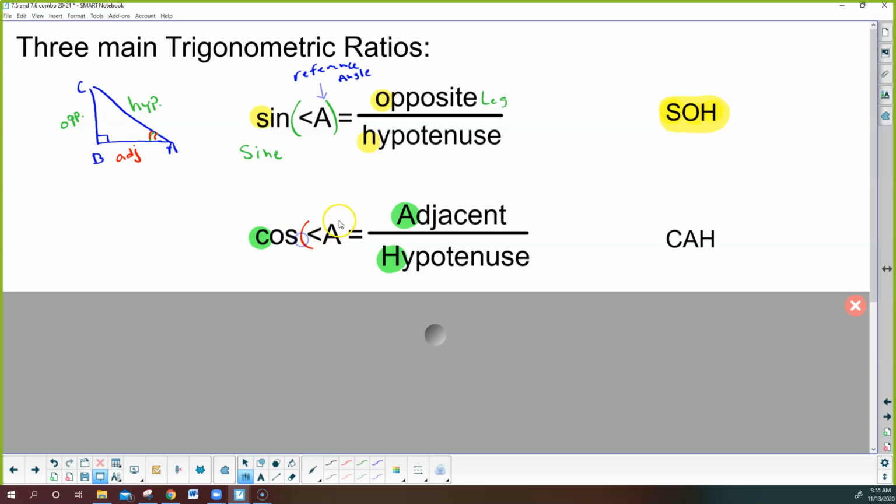Angle A is my reference angle, and cosine is going to be this side length AB over this side length, which is the hypotenuse CA. All right, so notice where the C comes from. Cosine is adjacent over hypotenuse. So the first letter is always the sine or the cosine. The second letter is what's in the numerator, and the third letter is what's in the denominator.